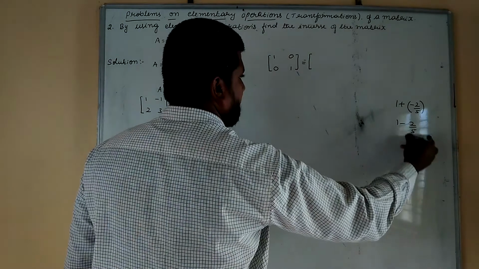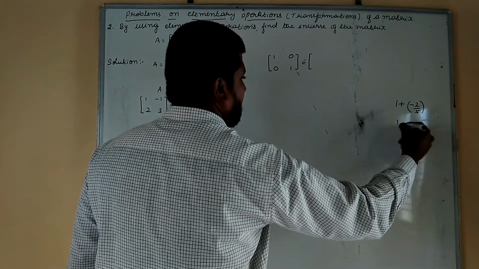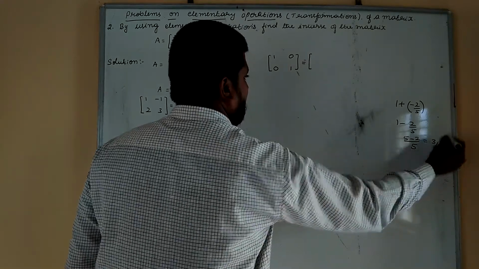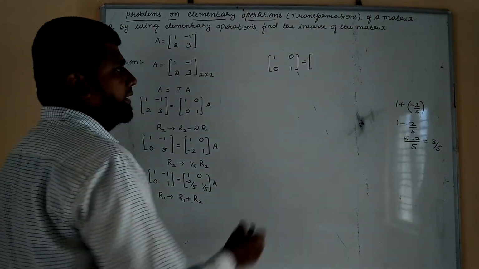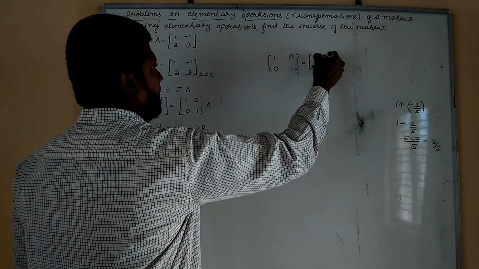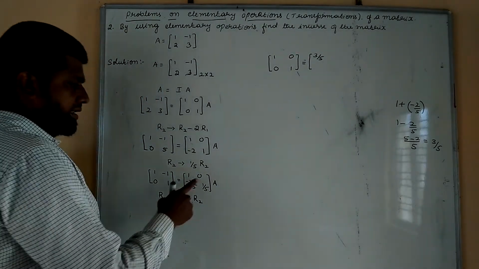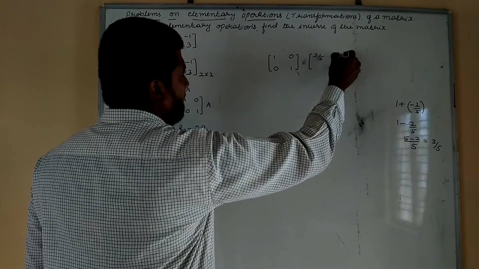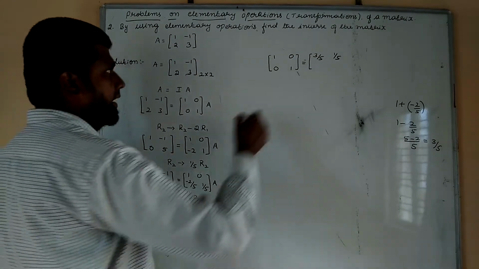Plus of minus 2 by 5 means 1 minus 2 by 5. You have to take the LCM, which is 5. 5 minus 2 is equal to 3 by 5, so you are getting 3 by 5. Then 0 plus 1 by 5 means 1 by 5 only. Then minus 2 by 5.